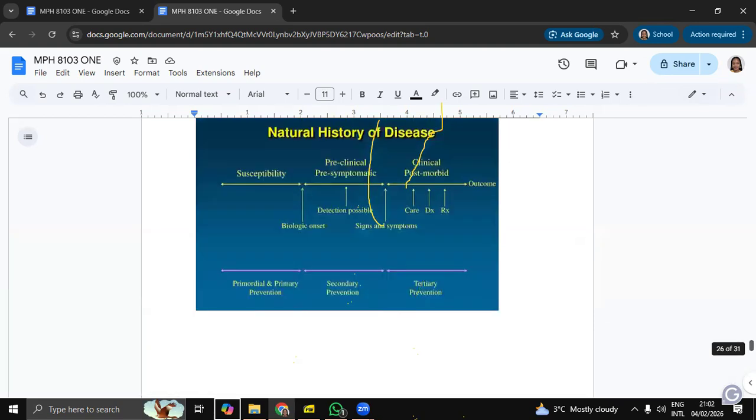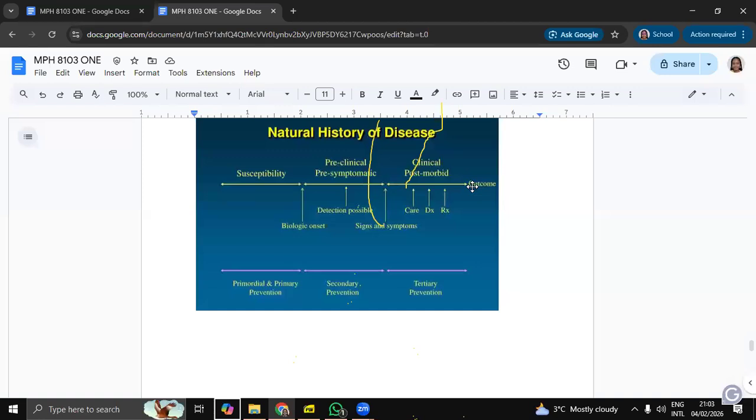So if we can see the diagram or the image on this screen, we'd see that there's the top part, and then there are purple arrows at the bottom part. So let's look at the top part. See the way it divided it. It divided it into susceptibility, preclinical, and then clinical. Because this determines the type of prevention that we are bringing about.